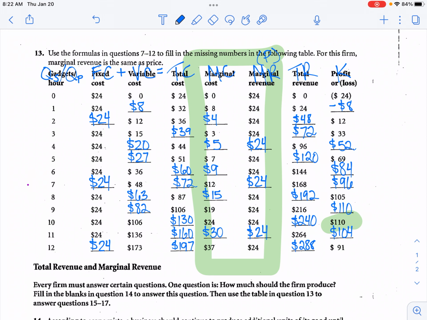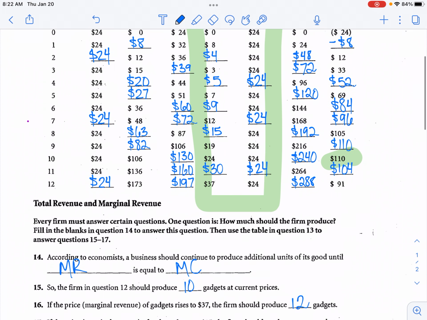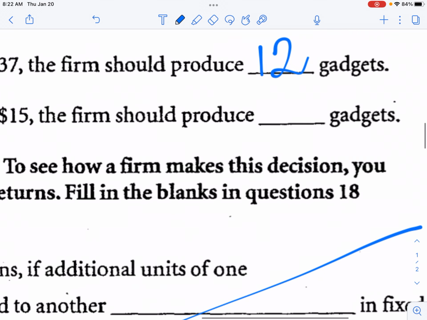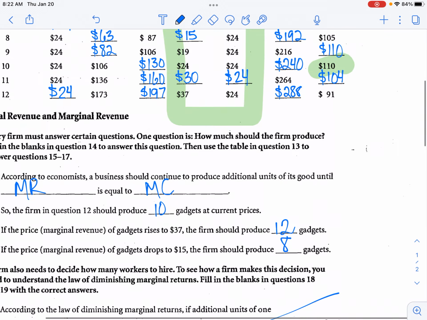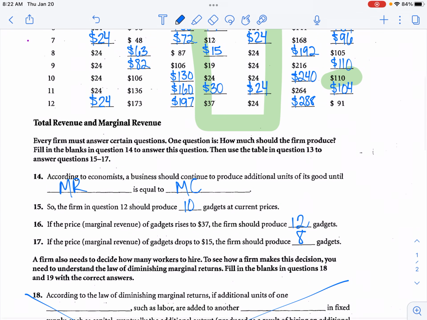What that would do, though, is create a lot more work recalculating those numbers. Instead, as long as we can compare marginal costs and marginal revenue, that is going to produce the greatest profit. You could recalculate all those columns, and you would find that the profit is greatest at the 8th row if the price were to change.